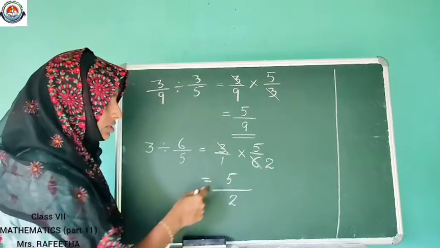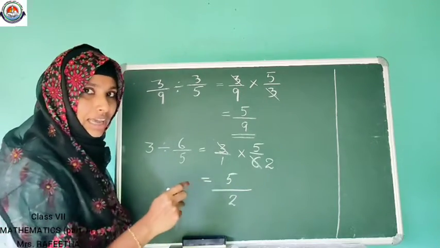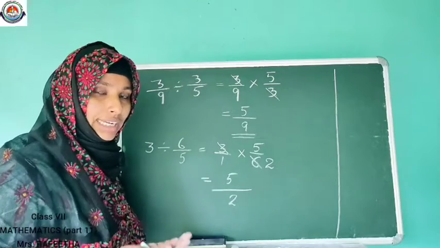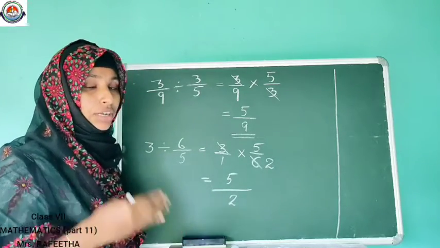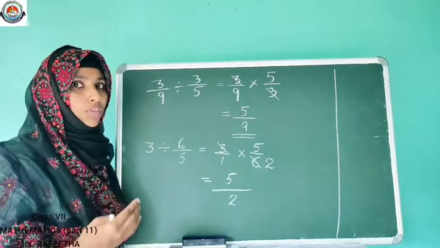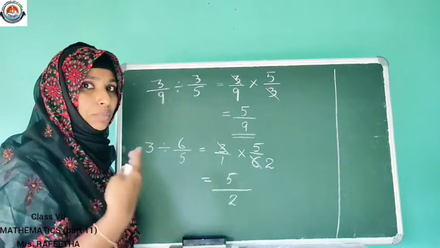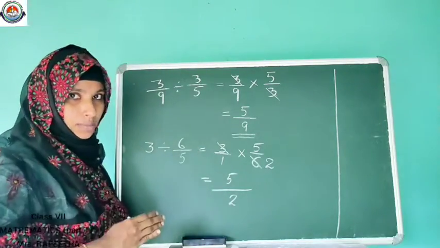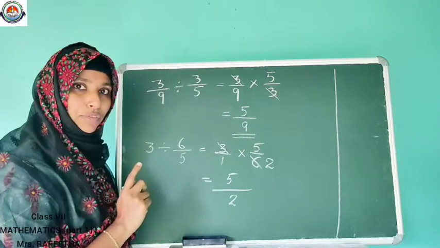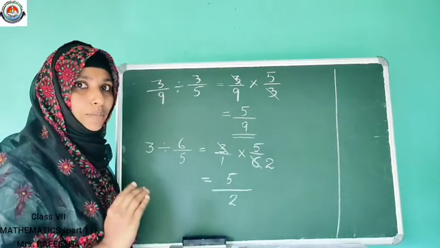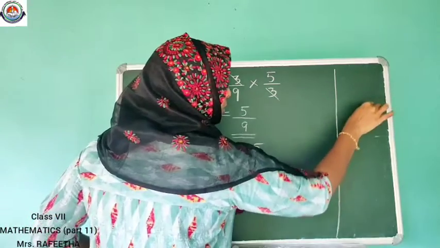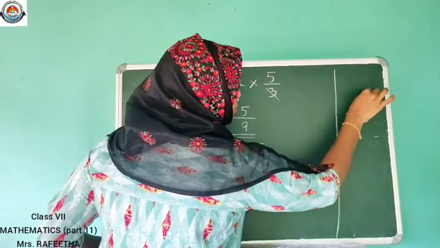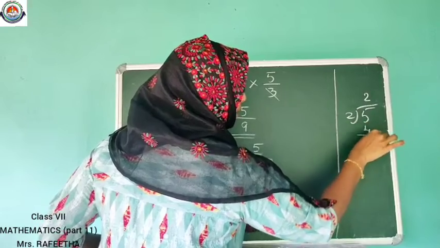No. Why? Because here the numerator is greater. If the answer we get is an improper fraction, we want to convert that to a mixed fraction. Last class we studied how to convert mixed to improper and improper to mixed. Here this is an improper fraction, so we convert it to mixed by dividing 5 divided by 2. 2 twos are 4, remainder 1.